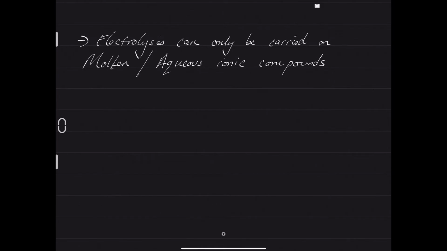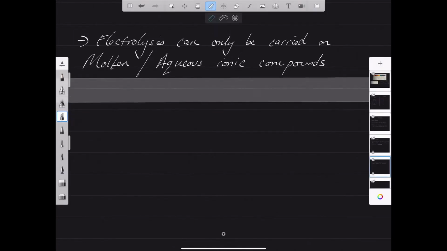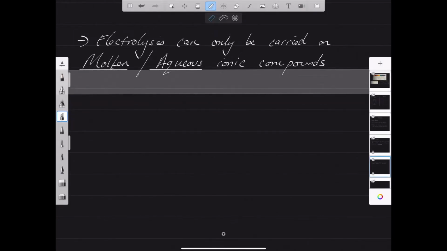This is an important statement because it's one of the crucial aspects of electrolysis, that it can only be carried out on molten or aqueous ionic compounds. So can you just underline the words molten and aqueous?